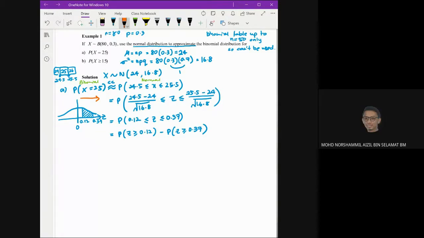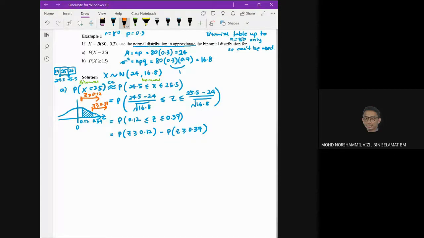Okay. Alright. And then kena ingat table dia bagi bacaan macam ni. Kalau kita baca daripada sini, daripada 0.12 ni, ini maksudnya Z besar daripada 0.12. Lepas tu tolak yang ni. Yang ni ke atas adalah Z besar daripada 0.37. Faham tak? Faham, sir.